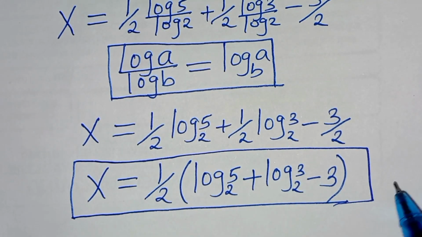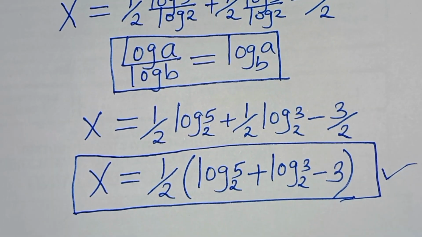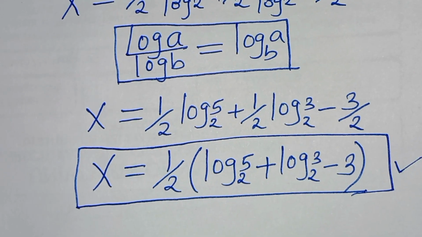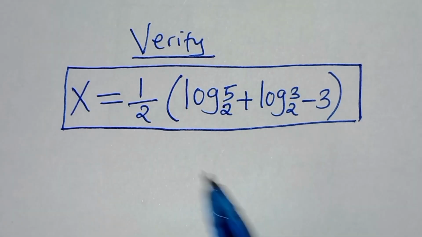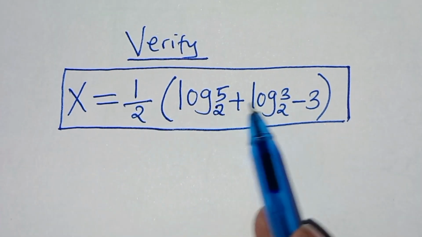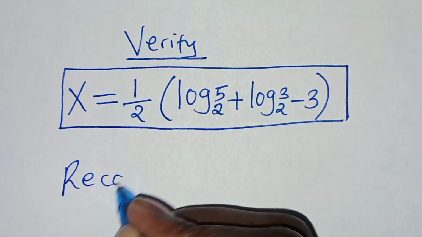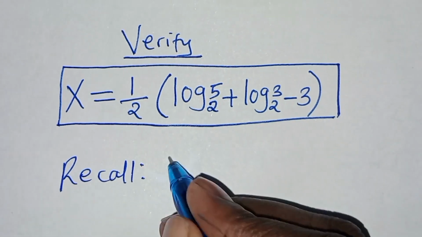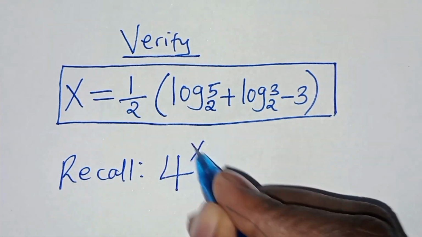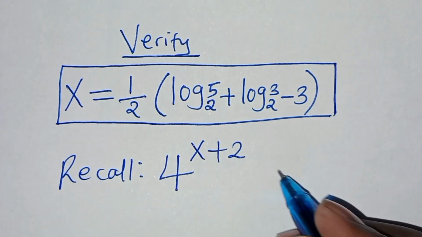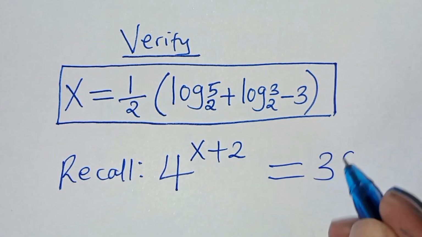Let's verify that this value of x satisfies the equation by following these steps. Now, if you recall, we entered 4 to power x plus 2. This is supposed to give us a value of 30.